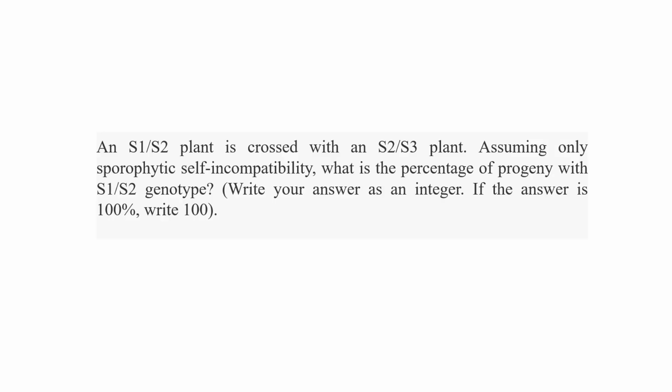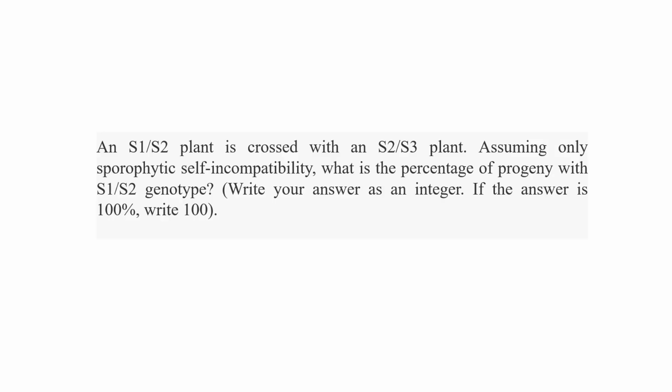In sporophytic self incompatibility, the pollen phenotype is determined by the diploid genotype of the pollen producing parent or plant rather than by the pollen's own haploid genotype. Okay, in gametophytic self incompatibility, what happens?